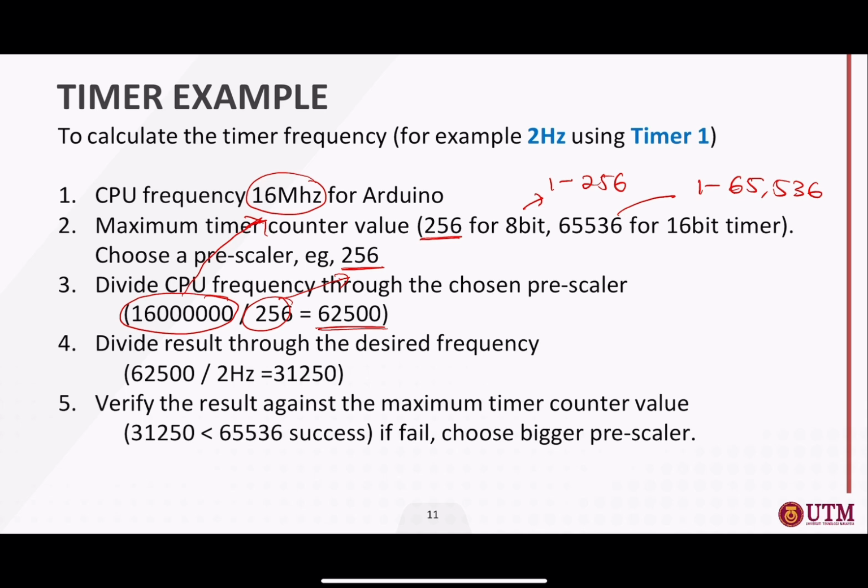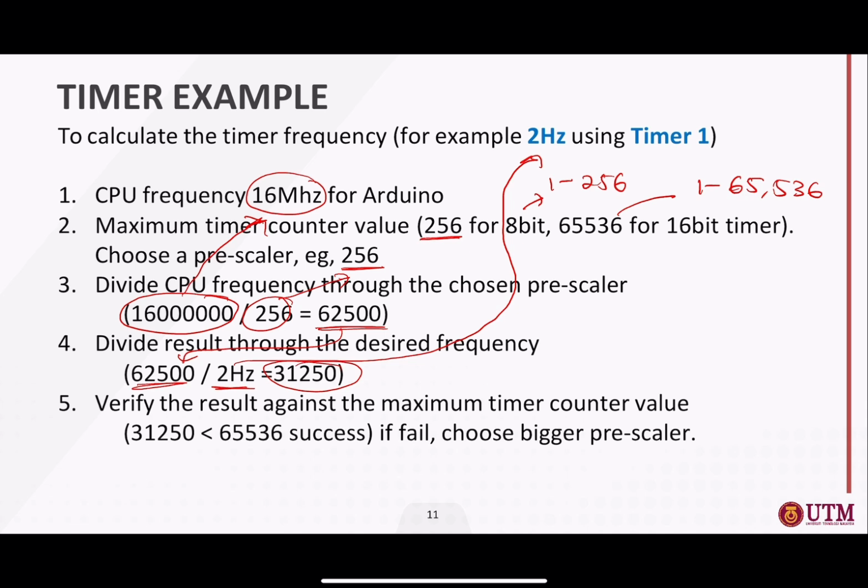This 62,500 is actually the counting that you have chosen for 16 MHz. Then you have to divide the result by the desired frequency. So this is 62,500 divided by 2 Hz, since you wanted to initialize the timer of 2 Hz here, and you get 31,250.